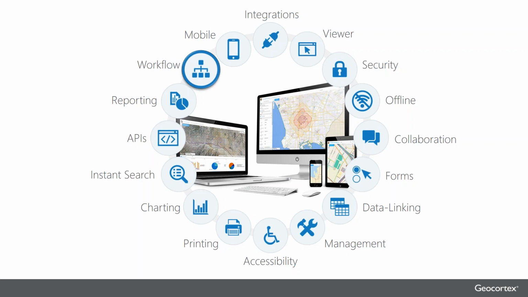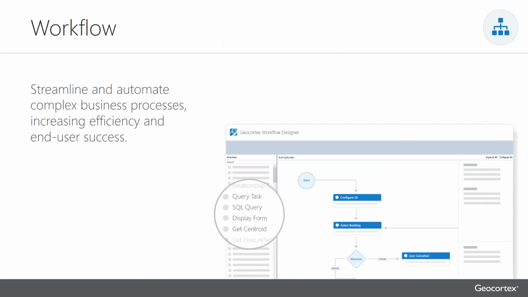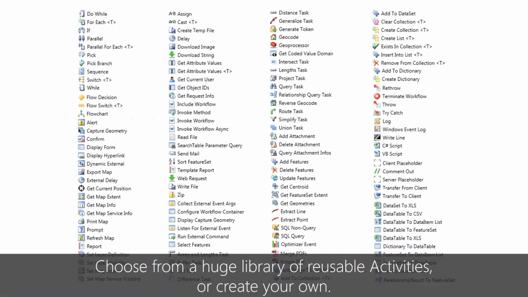So I just want to touch a little bit on workflow, because I think that's really interesting. Typically, we've provided a way in which you can build, not through customization, but configuration, and streamline and automate business processes that provide end user simplicity in an application that would otherwise have to be customized.